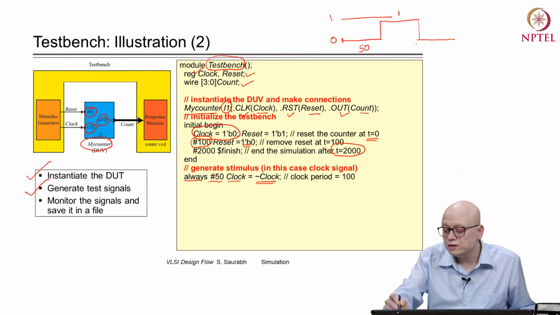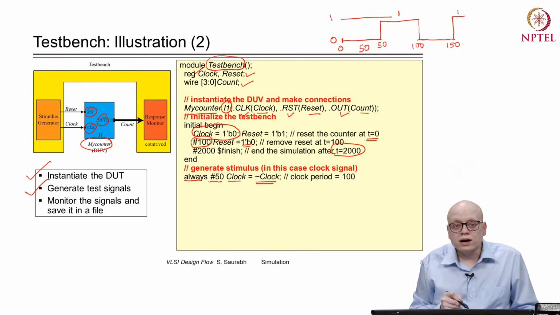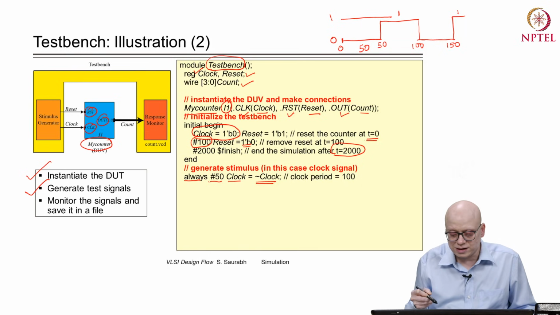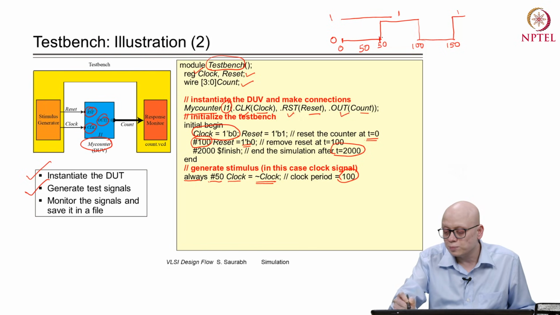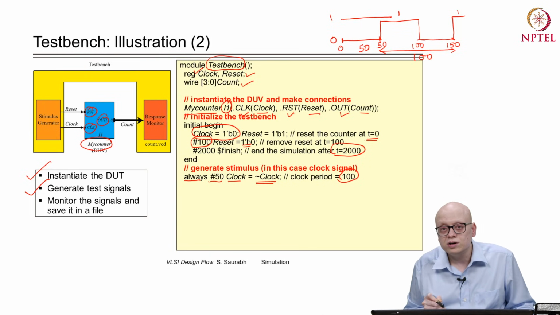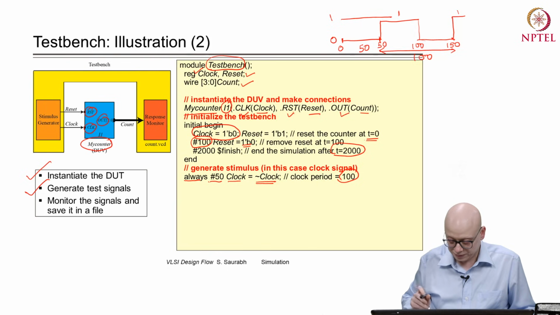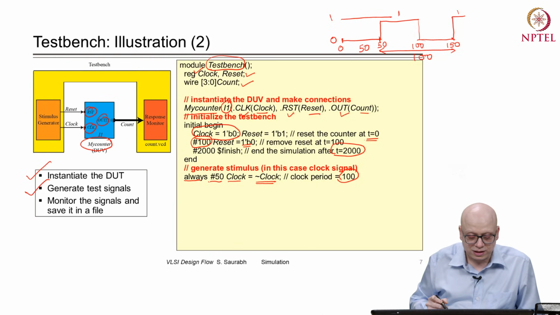Here we have 0, here we have 50, and here we have 100, and then again it will go up: at 150 time units it will become 1, and so on. So, a continuous clock signal will be generated with a time period of 100. From one point to the next, this time duration is 100, and therefore we say that the clock has a period of 100 time units. So, we have done the generation of the test signal.